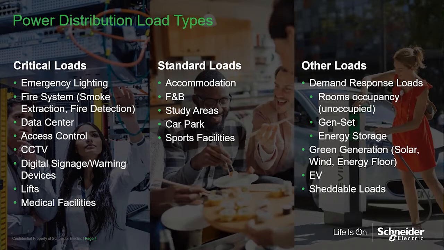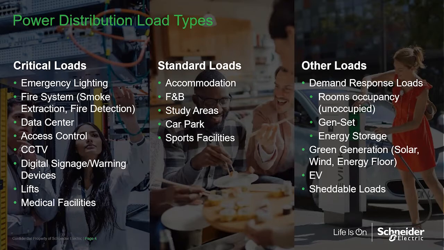You've got buildings such as accommodation, you've got data centers, you have generation from wind or energy, we have electric vehicles. Basically everything that would be contained in a small city, we tend to have within a university campus on a much smaller scale. So our critical loads, these are emergency lighting, data centers, CCTV, medical facilities.